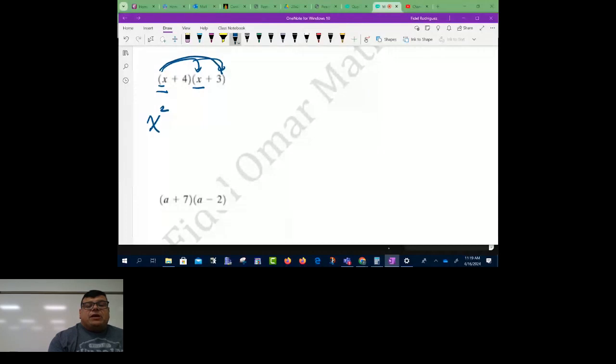And then x times 3, that's going to give me a 3x. Okay. Now, we've already used this x, so I'm going to scratch them out. I'm not going to use them anymore. But I'm going to do the same thing with the number 4. I'm going to multiply the 4 times both pieces. 4 times x is a 4x. And 4 times 3 is going to give me the number 12. Okay.